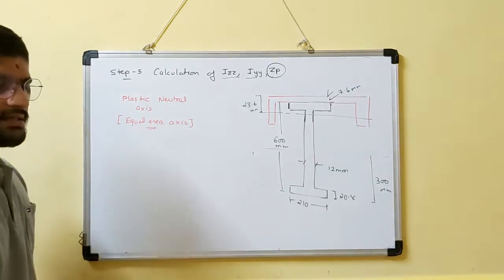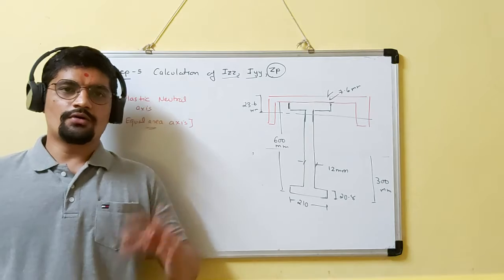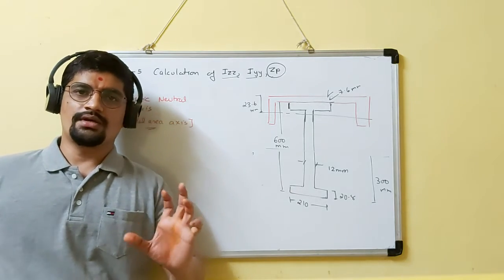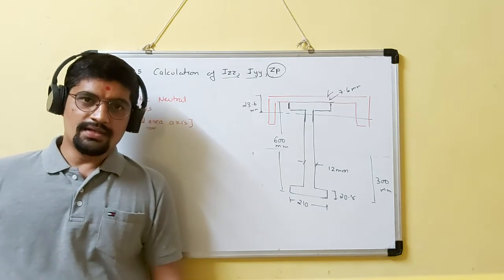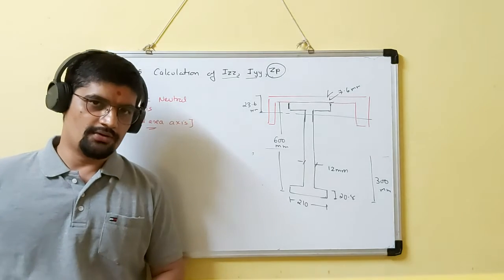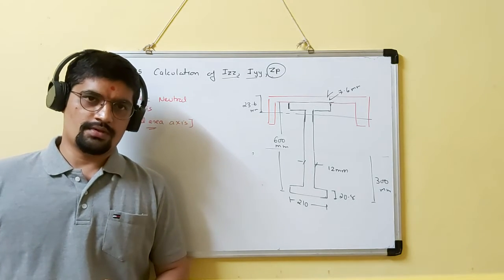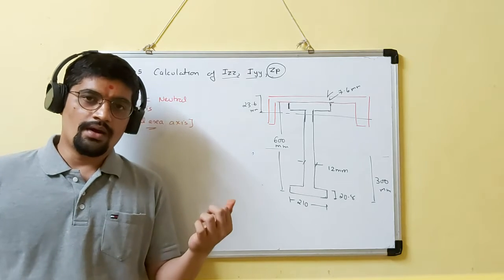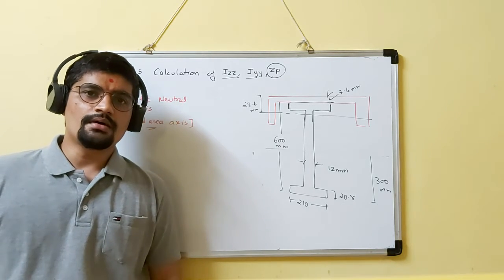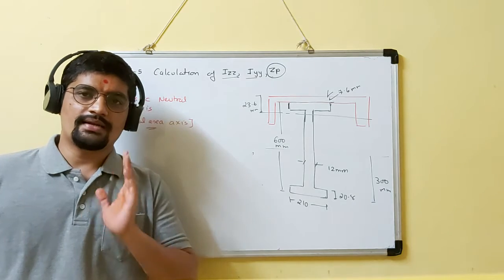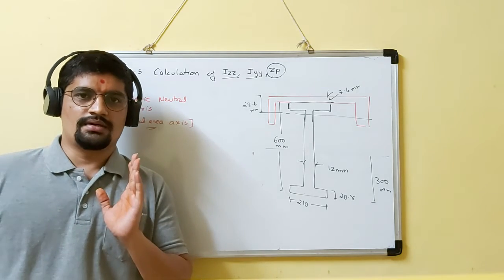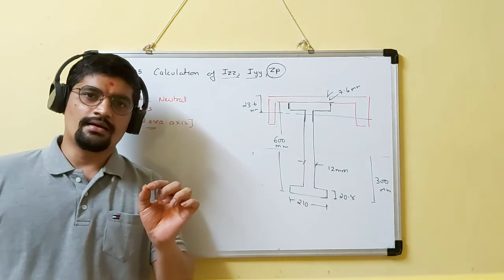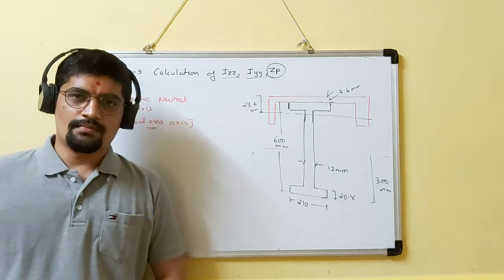It means the axis which divides the section into up and down portions of equal area, so the above area is equal to the below area. That is where the plastic neutral axis is placed.